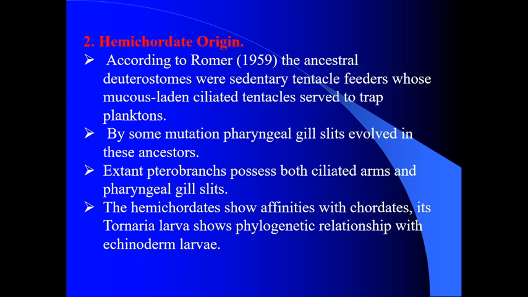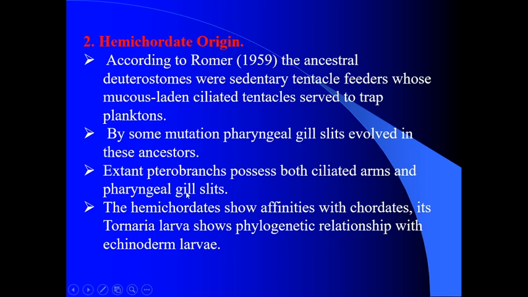Now the second theory is the hemichordate origin. Hemichordata, we are familiar, hemi means having half characters of the chordates and half from the non-chordates. According to scientist Romer, 1959, these hemichordates are the ancestors of the chordates. There are certain ciliated tentacle-like things in the planktons, and by mutation these developed into pharyngeal gill slits.